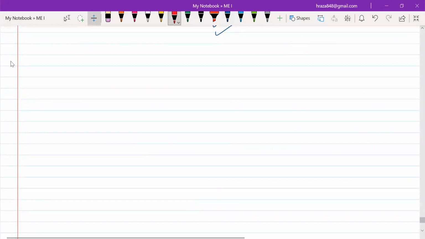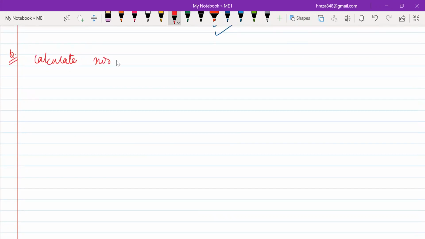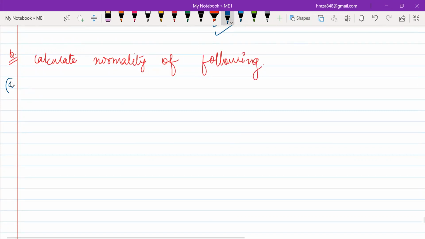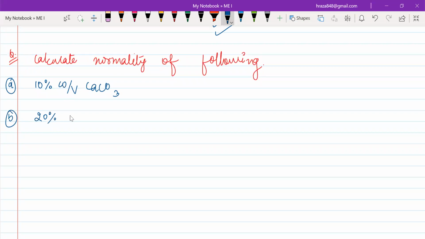Now see, calculate normality of the following: 10% weight by volume CaCO3, 20% weight by volume NaOH, 6.3% weight by volume HNO3.